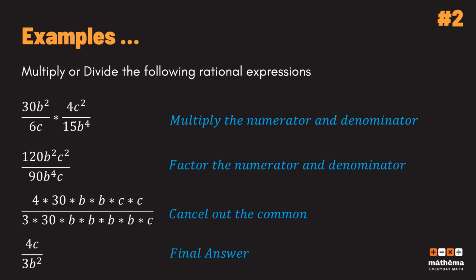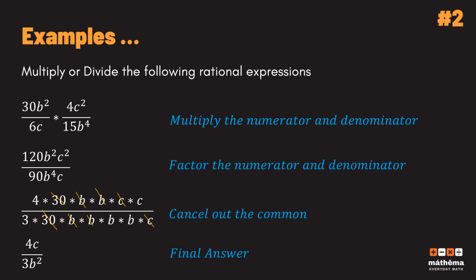We are going to cancel out common factors. In our numerator we have 30, and we also have 30 in our denominator, so we cancel that out. We have b in the numerator and also b in the denominator. We have b, b, and then c, and then we have c.